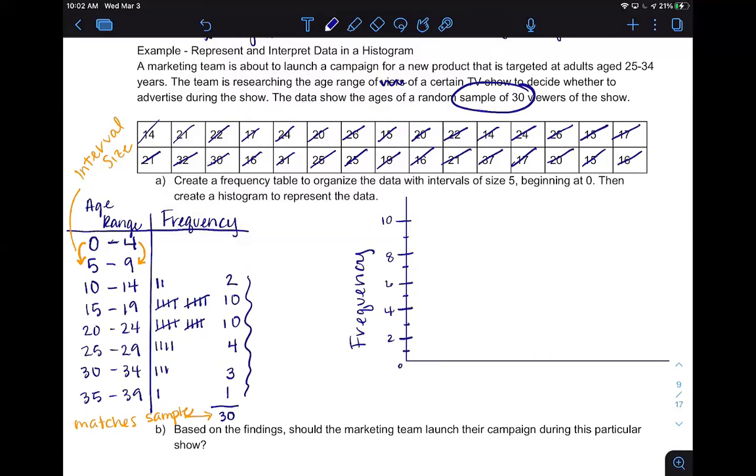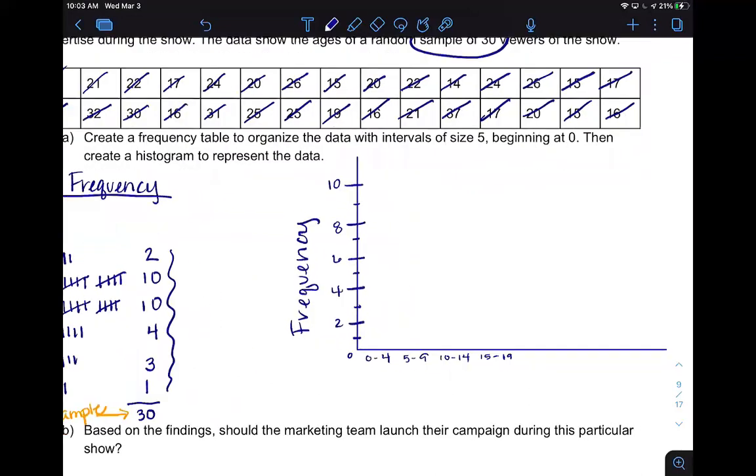We need to write out each of those intervals we just found for our age ranges. So we're going to start off, we have 0 to 4, and then leave a little bit of a space. We're going to write 5 to 9, 10 to 14, 15 to 19. I'm afraid I might run out of room.